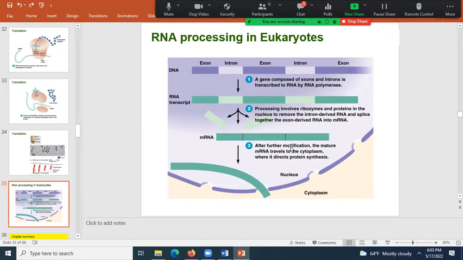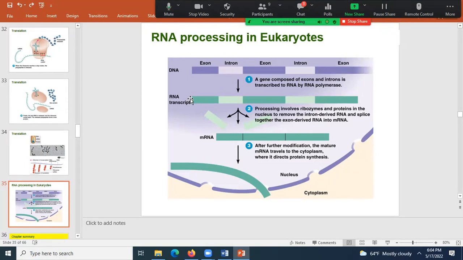The pore there will not allow the initial RNA transcript to leave because in eukaryotes, the gene codes for both exons, regions of the gene that code for protein, and then introns, regions of the gene that do not code for protein.